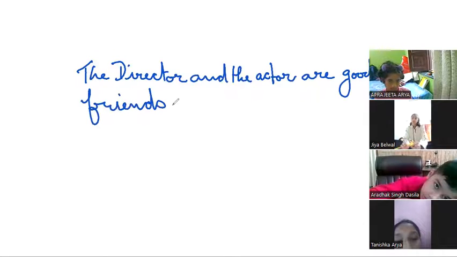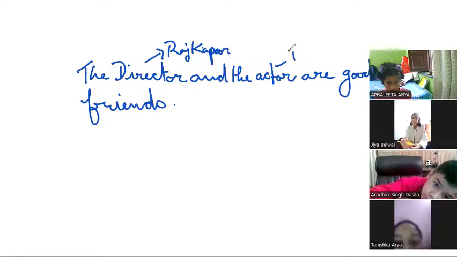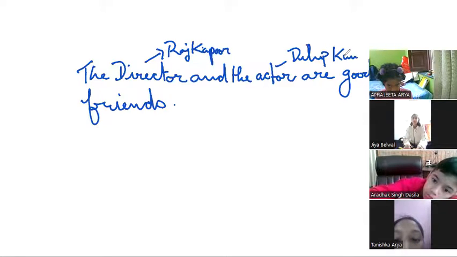Here I'm referring to two different people. Maybe I'm referring to, I don't know the directors of today. Maybe let's take an old director, maybe V. Shantaram or Raj Kapoor, let's say. Right? So Raj Kapoor is the director here. Okay, and actor, maybe Dilip Kumar is the actor, right? So there are two different people over here that we are referring to.